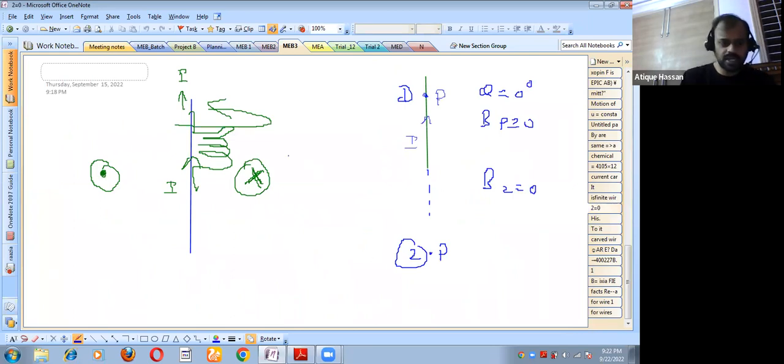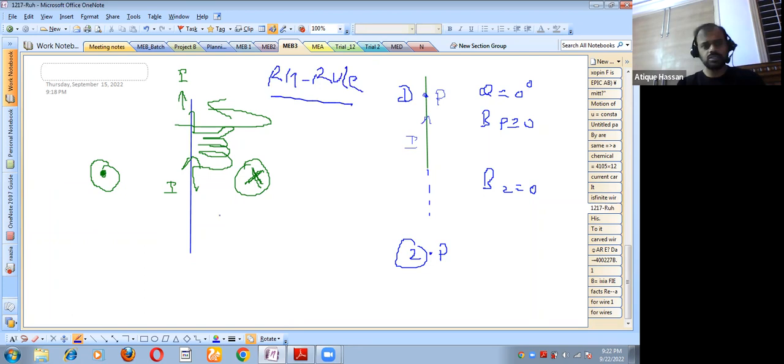We are applying the right hand rule, so RH rule. In that, the general idea is that if the point is on the right side, the magnetic field is inward, and if the point is on the left side, the magnetic field is outward.